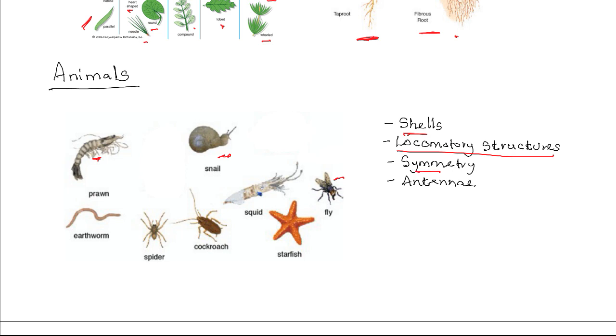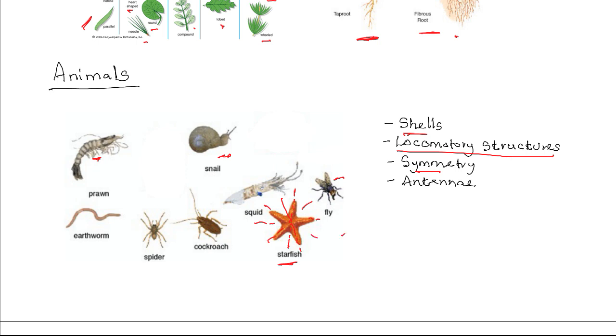Symmetry is also important. Symmetry refers to the number of times that a body can be divided into 2 halves along a particular plane. Like the starfish is said to have a 5-ray symmetry. You can divide it into 2 equal halves along that one plane, the first one, second, third, fourth, and fifth.